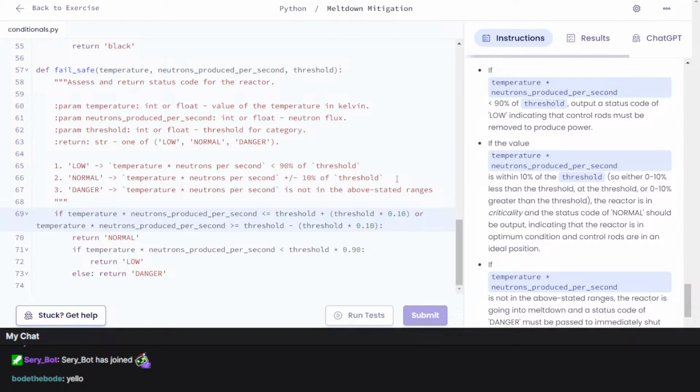I wonder what I should use. I already have. I don't know.